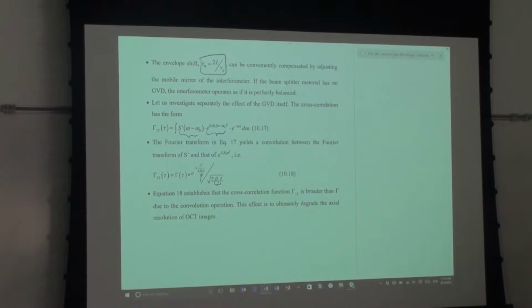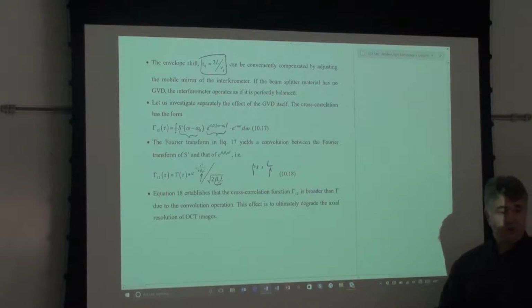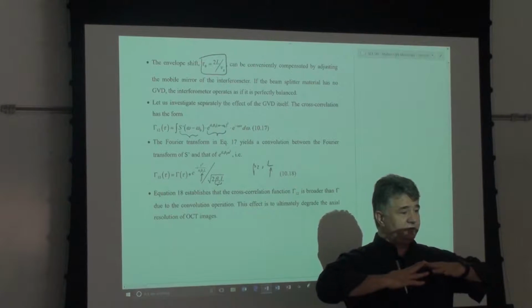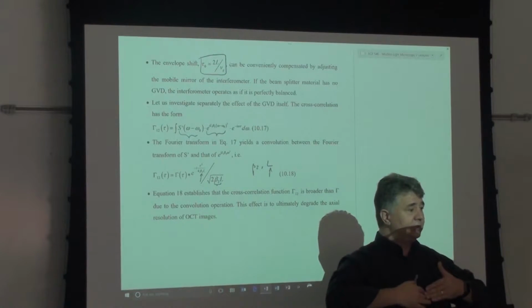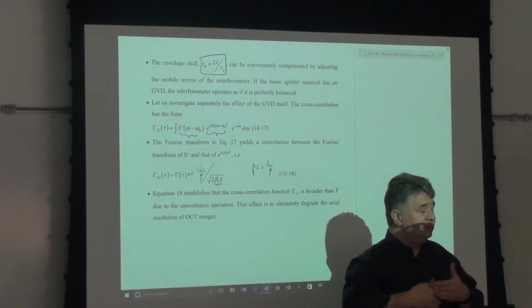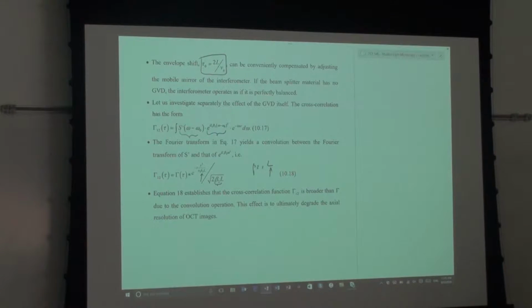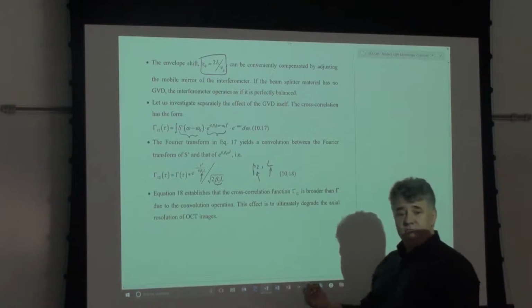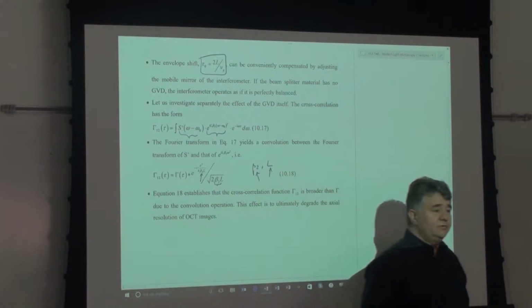That has in it the material properties beta naught and L. The more material I add, the worse it gets. My interference gets fatter and fatter, and ultimately that is my resolution in Z. And of course, the material property, the more group velocity dispersion you have, the worse it is for your interference.